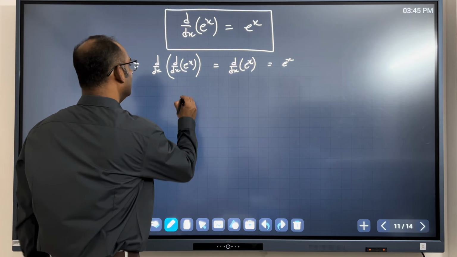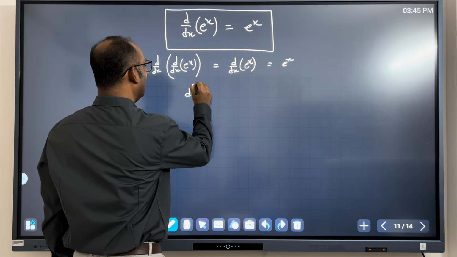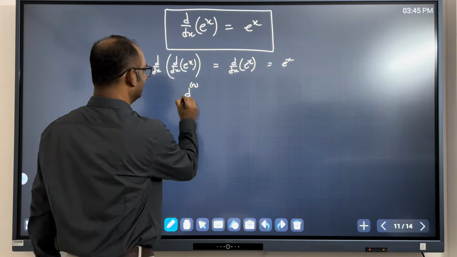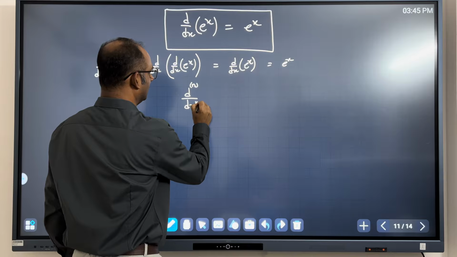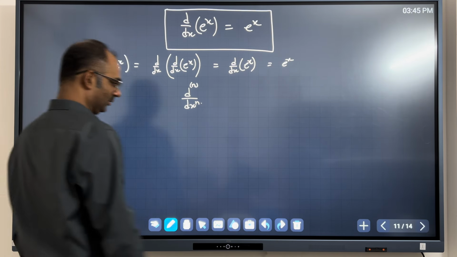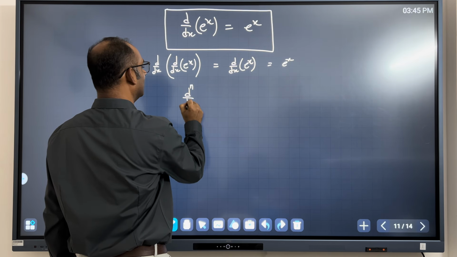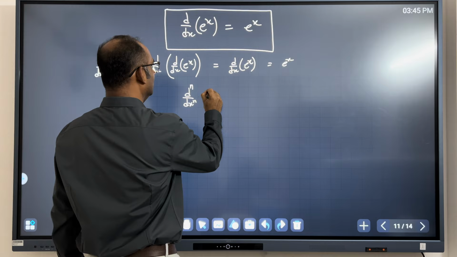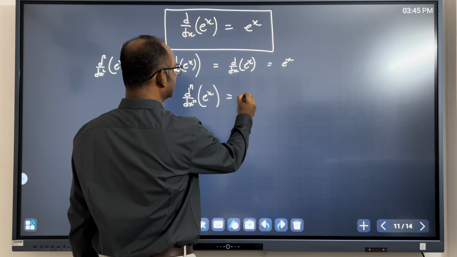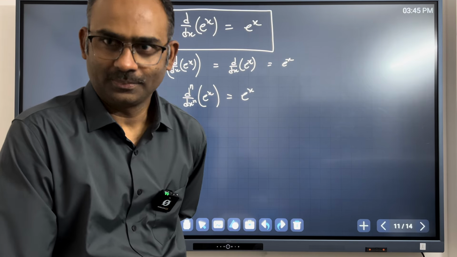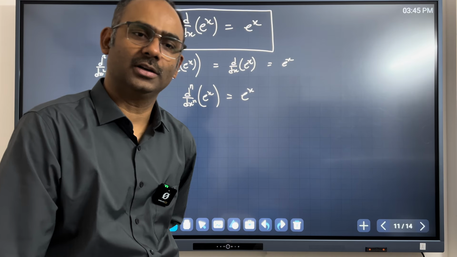When you put n like this, it means the nth derivative. So no matter how many times you differentiate this guy, you get the same guy back. That's a very special property of the exponential function.